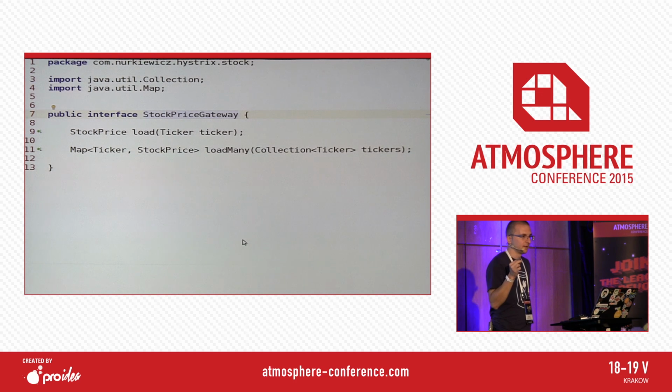Of course, there is a downside as well, because Hystrix, in order to perform this collapsing, has to wait for the upcoming requests. So when a first request comes in, Hystrix starts a timer that takes, let's say, 10 milliseconds or 100 milliseconds. And within this time window, it will start collapsing or batching all the other requests that come in. And only after this configurable time window, it will issue one single batch request.